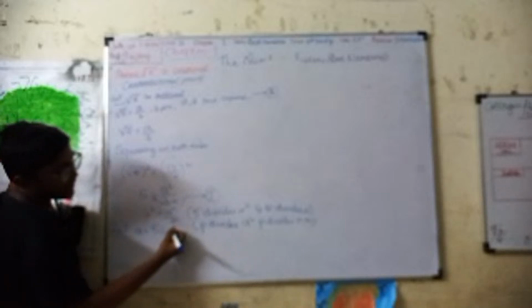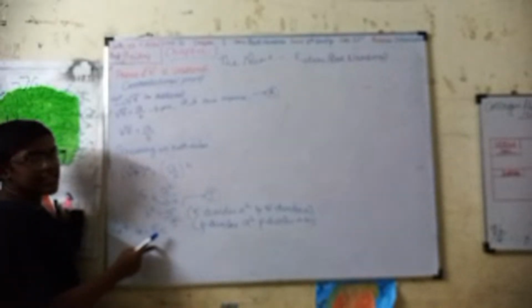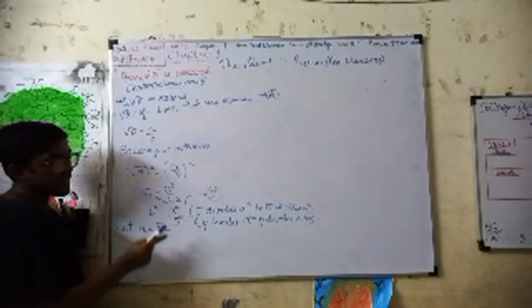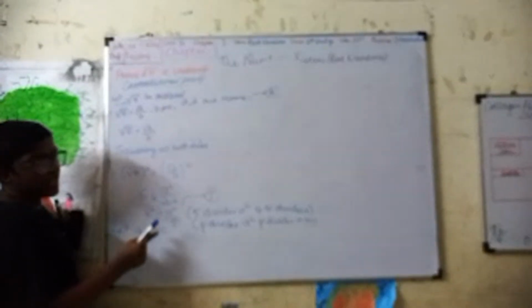We are proving for 5, we should take 5c. We are proving for 3, we should take it as 3c. We are proving for 2, you should take it as 2c. Let a equals 5c in equation 1.